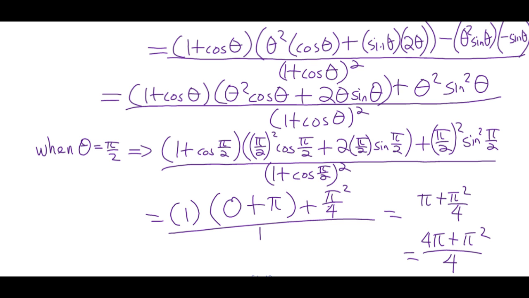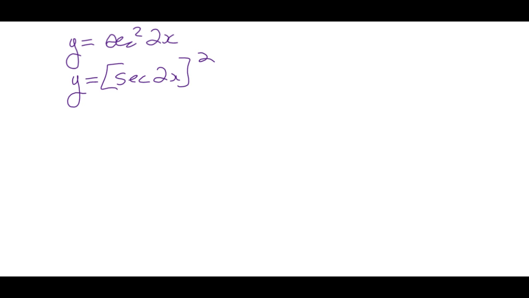Okay, let's do a few more. Sec squared 2x. Little chain rule here. So remember what that means. Sec squared means you take the secant of the thing and you square it.